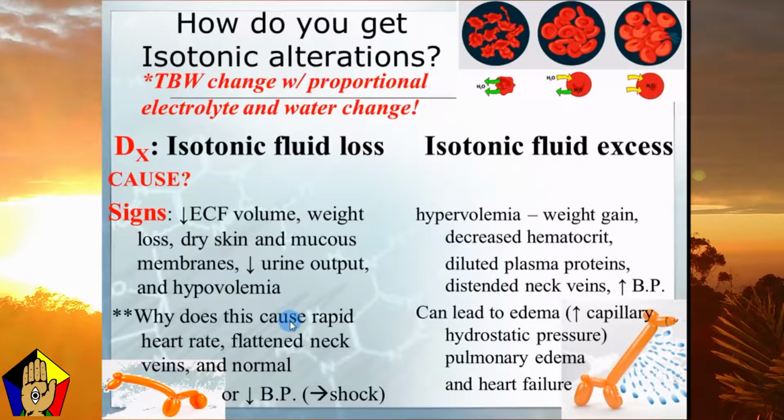So a faster heart rate, dry mucous membranes, and decreased urine output might be a sign that you're becoming dehydrated. And then, most extreme, you have to worry about a drop in blood pressure to the point of shock. Some other signs you might see: flattened veins. Why would they be flattened? Because they're lacking volume. Just the opposite of isotonic fluid loss is isotonic fluid excess.